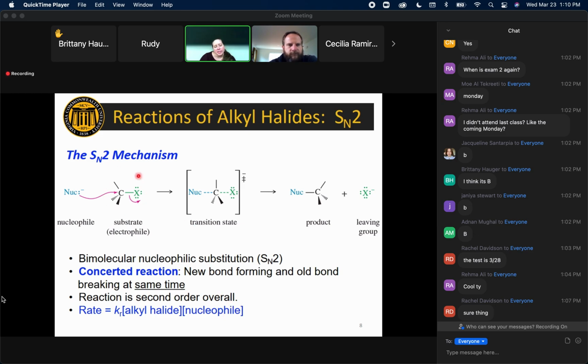The other thing you can notice here, and this has very key important consequences for how this reaction occurs, our nucleophile has to come in and attack our electrophilic carbon from the backside opposite of where the carbon halogen bond is.